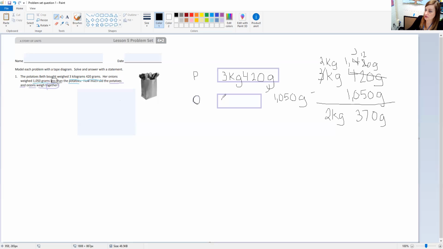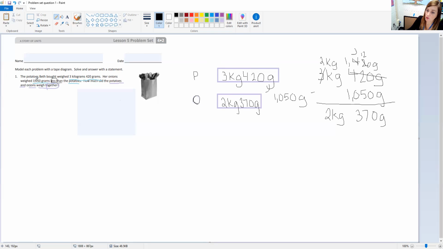So I'm going to write that in here. So now we know the onions are 2 kilograms, 370 grams. But is that what the question is asking? Is it asking for the onions? Let's look back. The potatoes she bought weighed 3 kilograms, 420 grams. We know that.